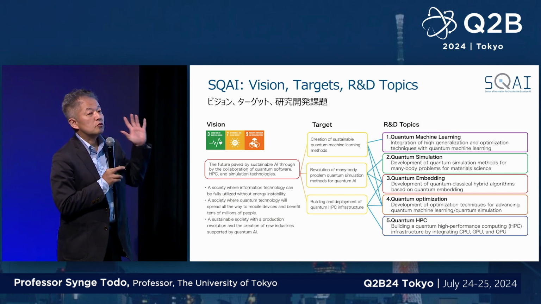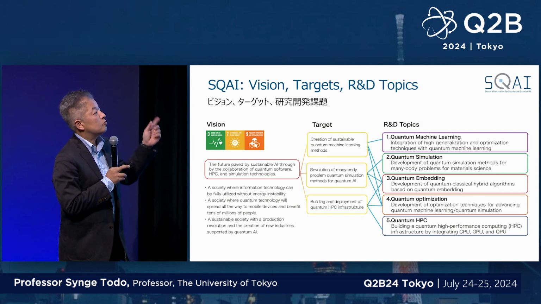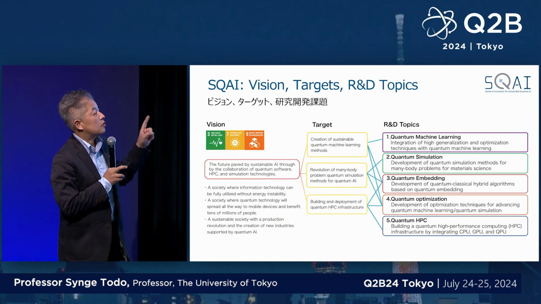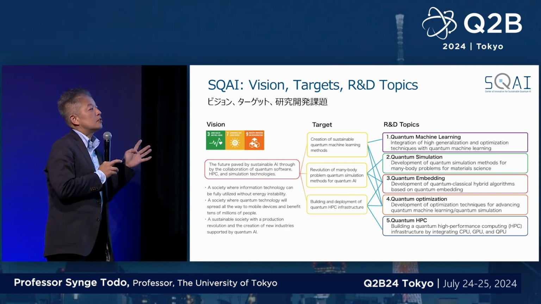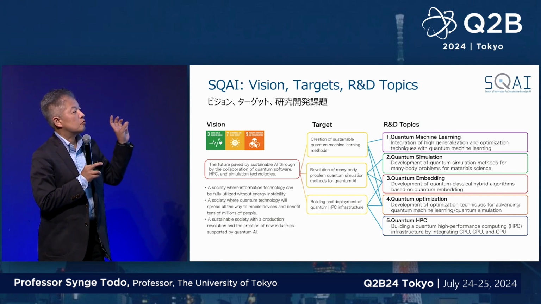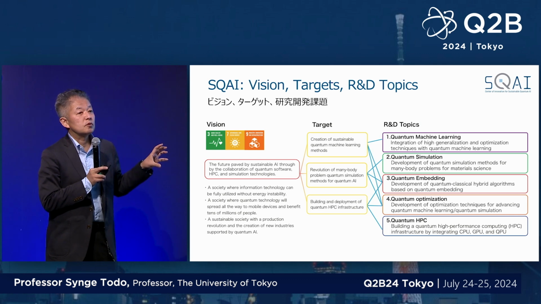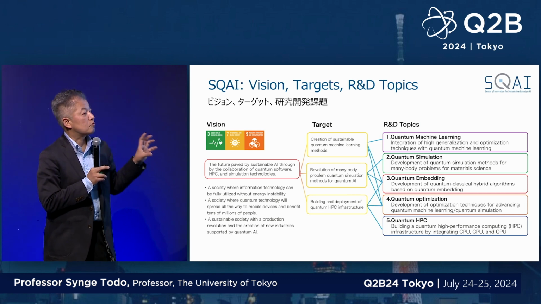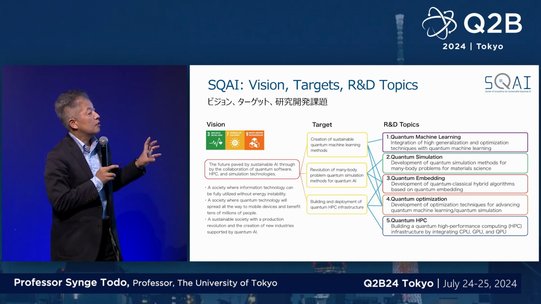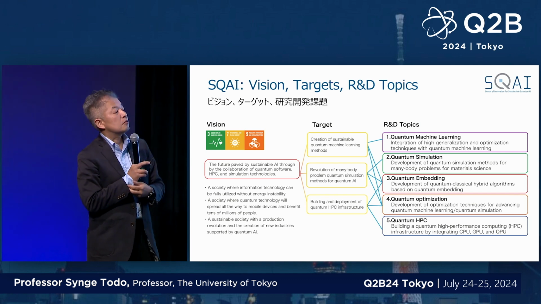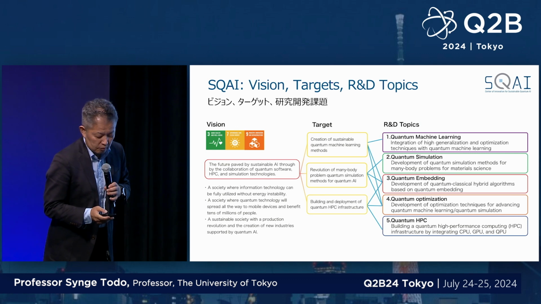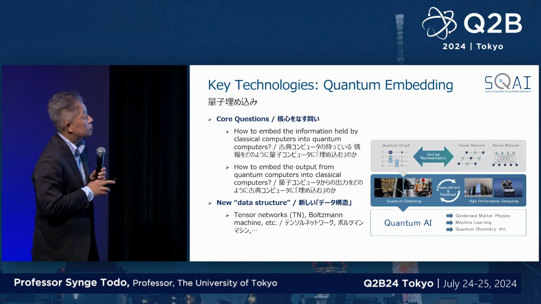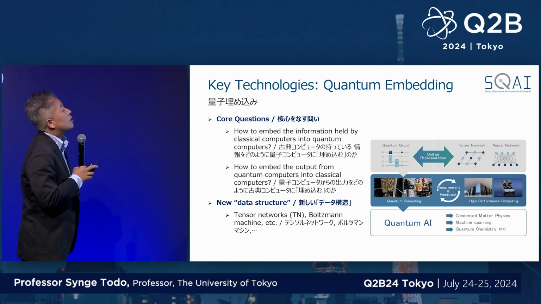That will be the sub-target. And we have 5 topics to achieve that. 1, 2, and 5 are related to target number 2. And topic 4 has to do with optimization. For the quantum HPC hybrid, we need to have multiple optimization technologies in use. And quantum embedding is another topic that we need to focus on. What does it do? I think this is a very critical issue.